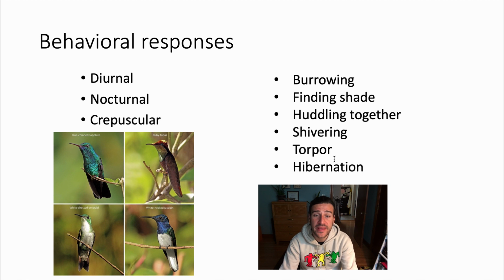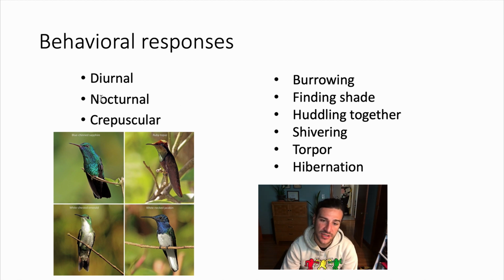Now, behavioral responses. There are many organisms, especially in arid and hot ecosystems, that are just nocturnal. Evolutionarily, it's too stressful during the day, so they become active only at night.